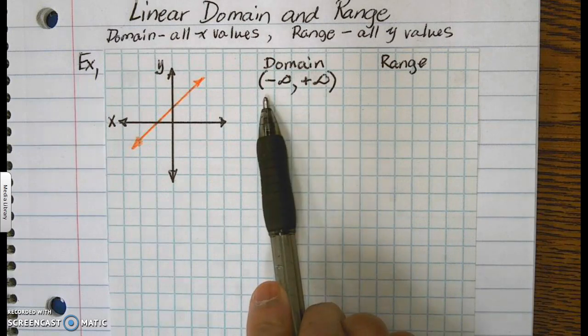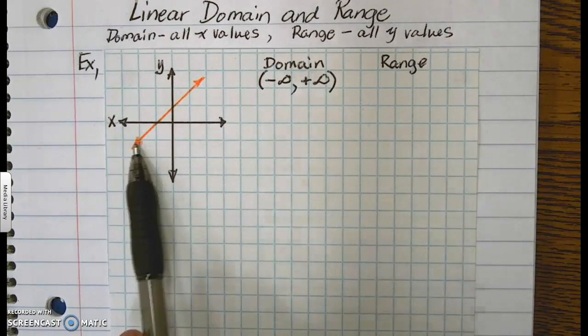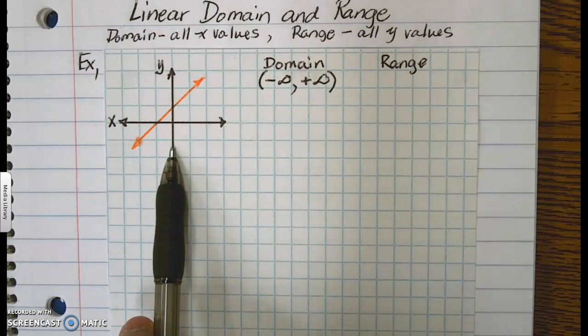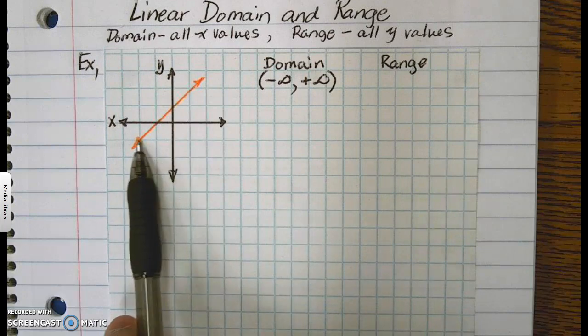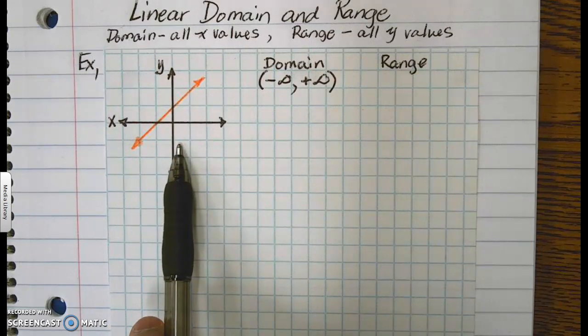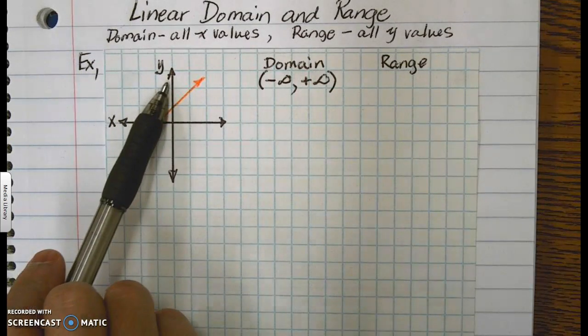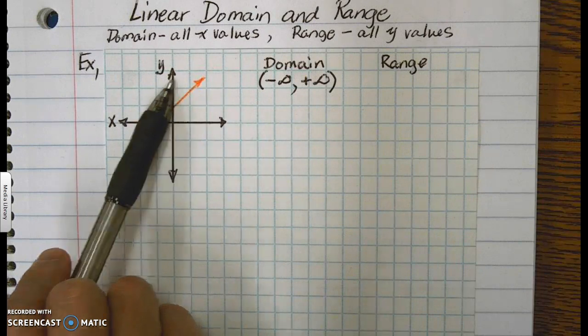How about the range? Let's look at the range. The range are all the y values. So what I'm going to do is mark the bottom to the top. If I mark the bottom, it seems to me like your range is going to start with -1 and will end somewhere at a +2.5 right there.